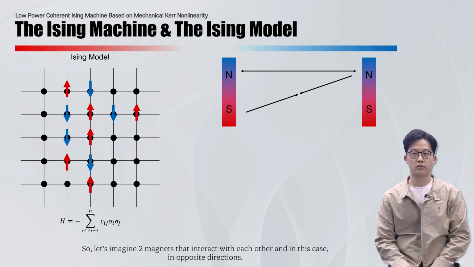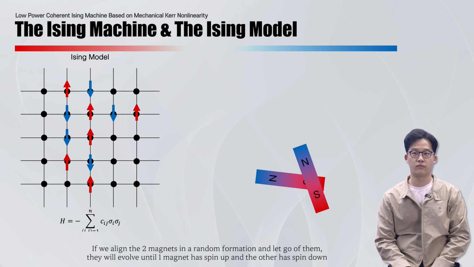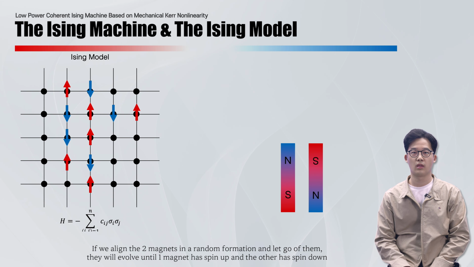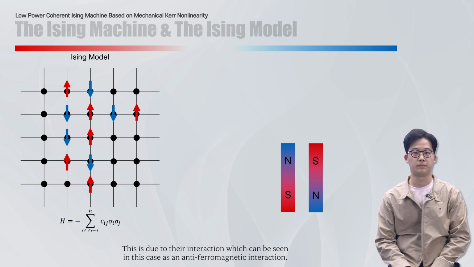So let's imagine two magnets that interact with each other, in this case in opposite directions. If we align the two magnets in a random formation and let go of them, they will evolve until one magnet has spin up and the other has spin down. This is due to their interaction, which can be seen in this case as an anti-ferromagnetic interaction.